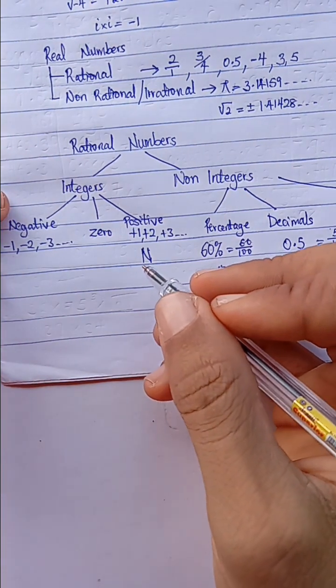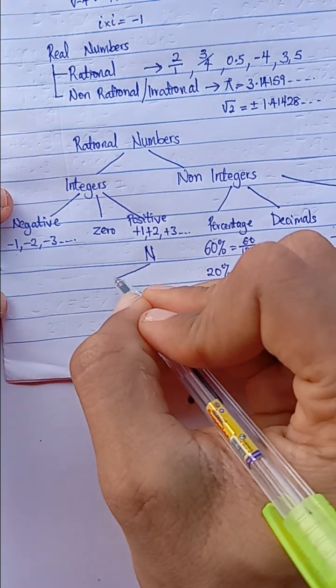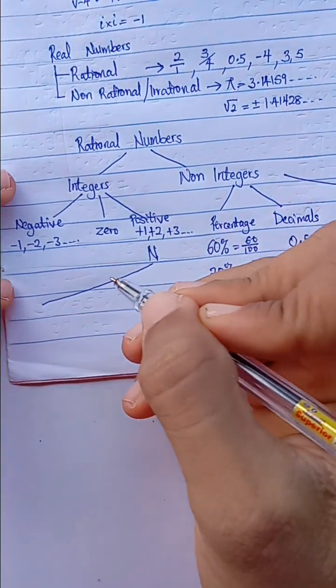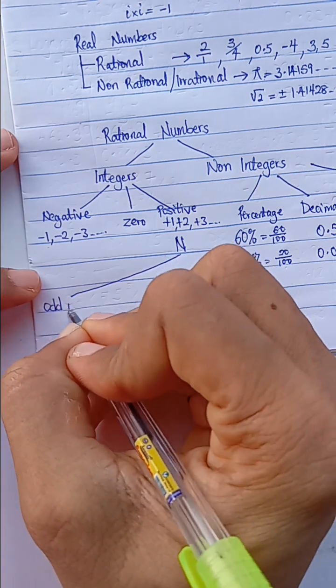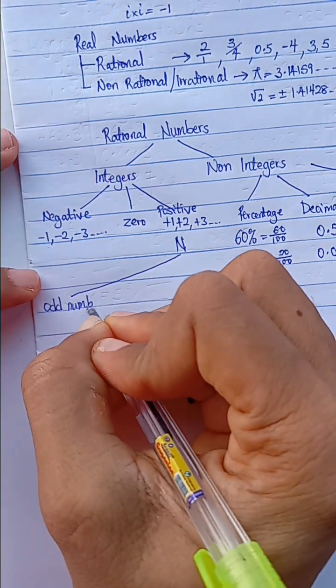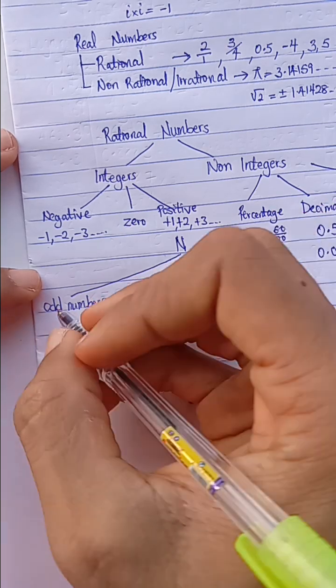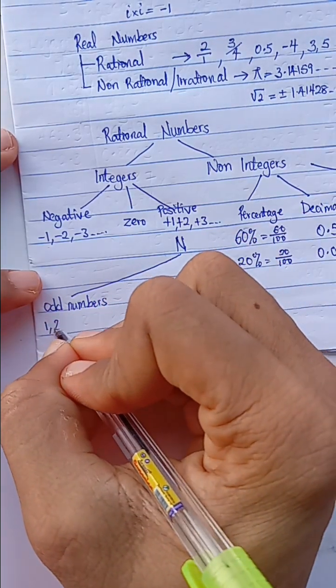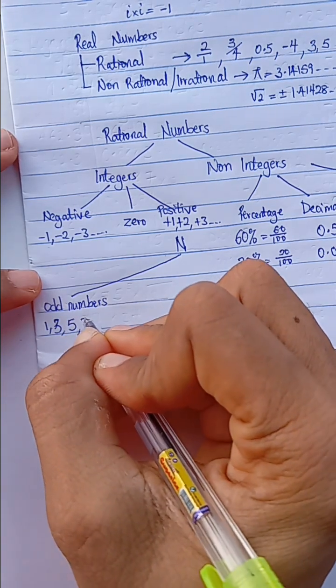So when we're talking about these natural numbers, they can also exist in their different forms. For example, in natural numbers, you can have odd numbers. These odd numbers are numbers that cannot be divided exactly by 2. For example, 1, 3, 5, 7.